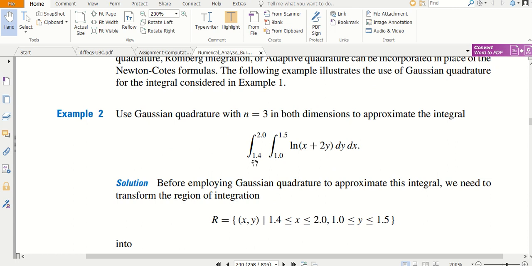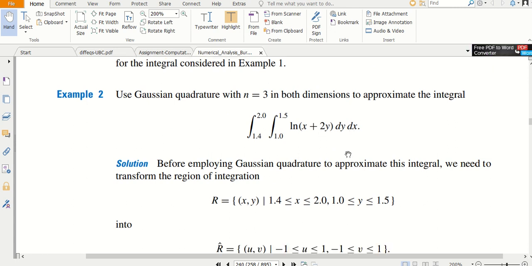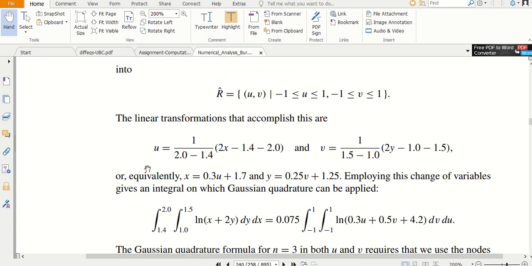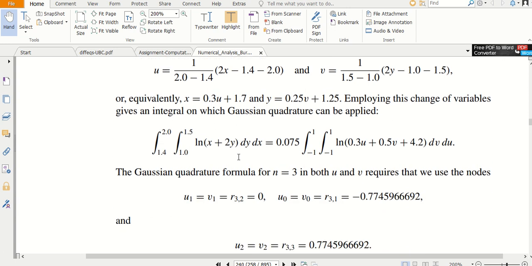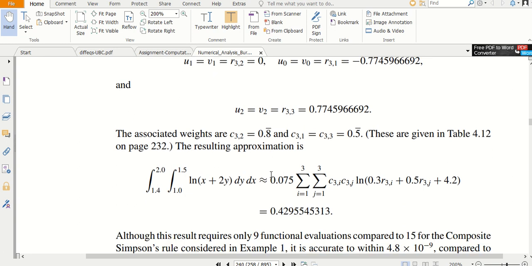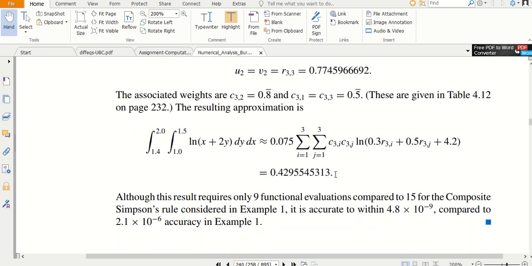Log of x plus 2y dy dx, and I have transformed it into variables u and v so that our limits conform to the condition of -1 to 1, and then the coefficients have been adopted, and the simple summation. I have used slightly different notation than the book, and to me that was a nice addition. And see the conclusion.